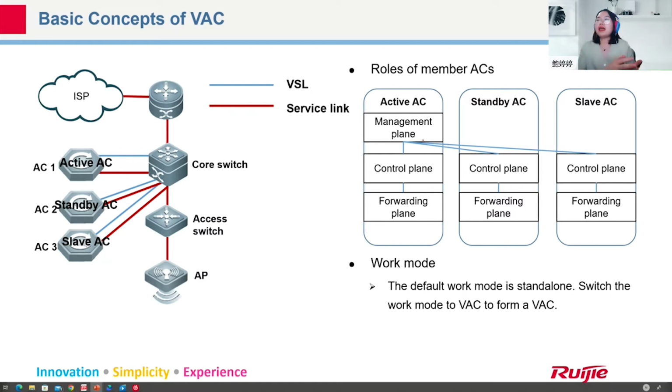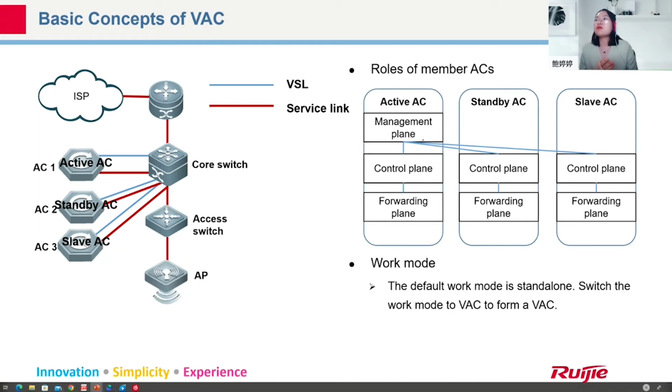That means for all the AP management, we use the real physical devices to manage different APs. But if the active device is broken, the standby can also help manage the APs. And the forwarding plane each AC will also have, so we can help the APs forward the messages out.